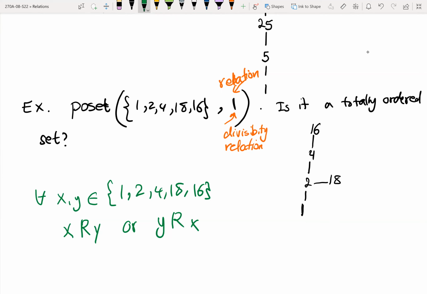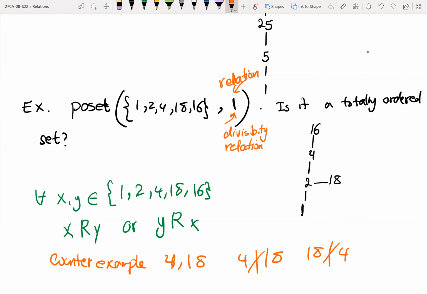It says either 4 must be related to 18 or 18 must be related to 4, but neither of them is true. Okay. The answer is no.